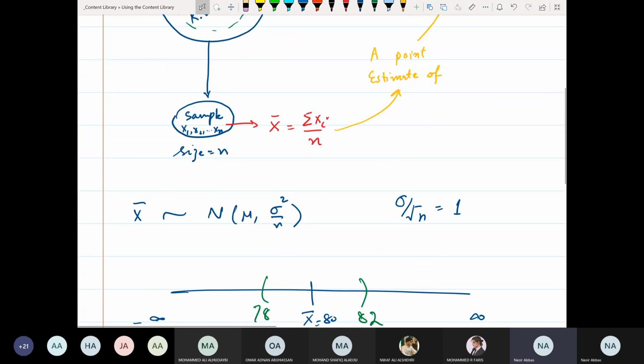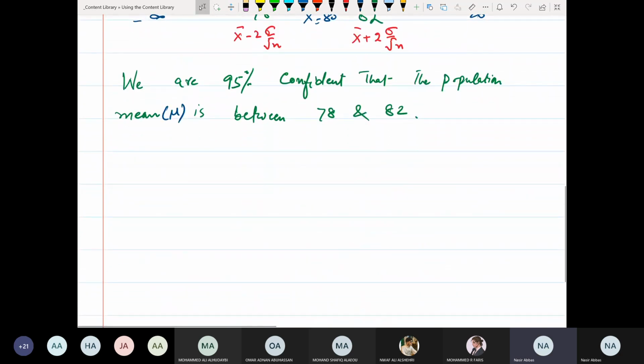Now we come theoretically towards how we derive this. The derivation is not for you. It is a simple derivation, but this is interesting and it will make your concepts clear. So I'll quickly go through the derivation of this confidence interval for population mean.